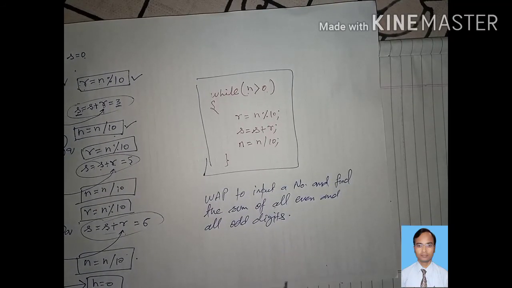This is your work. Write a program to input a number and find the sum of all even digits and the sum of all odd digits.